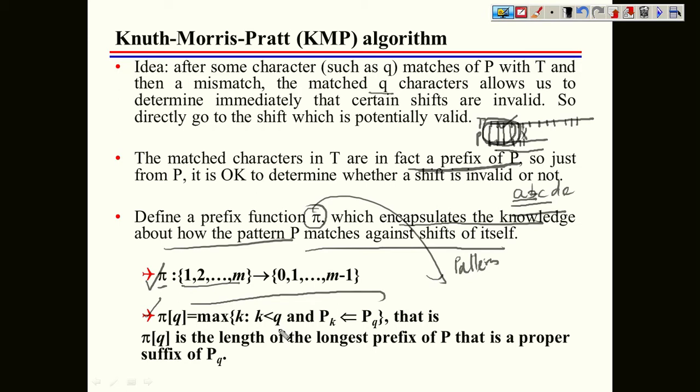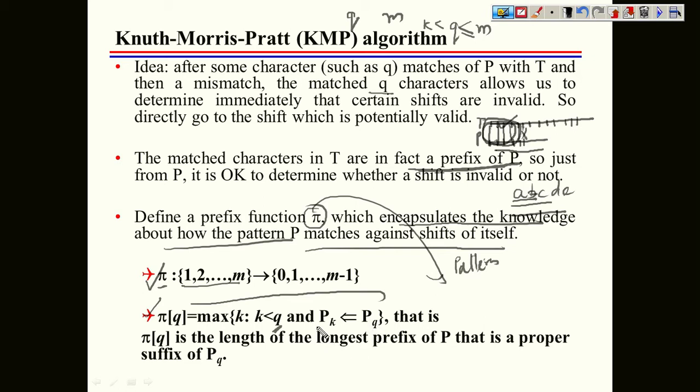Keep in mind that q is the number of matched characters. Out of m, we have some characters which are matched with the text, we call it q. So obviously q is less than or equal to m, and k is less than q, such that p of k is a suffix of p of q.